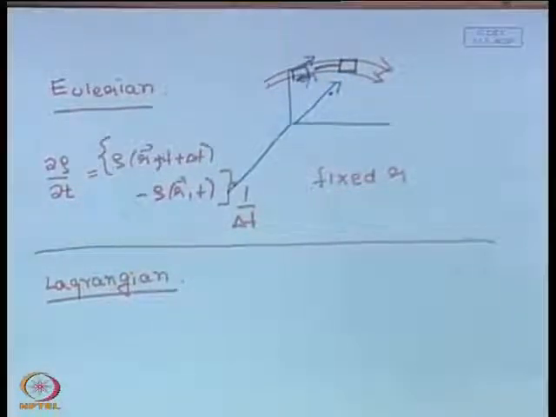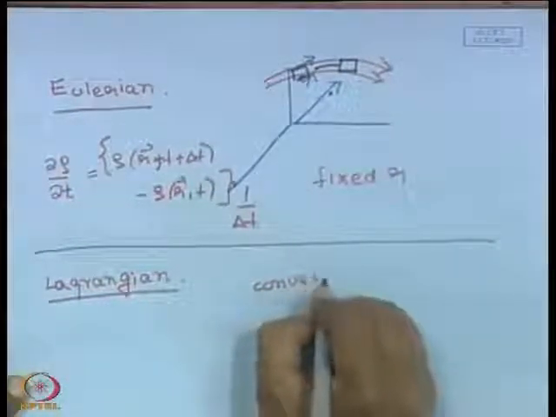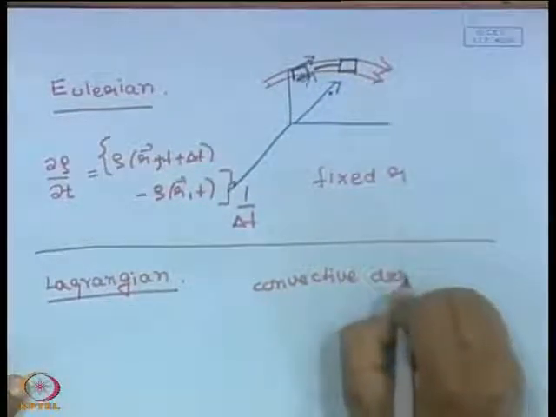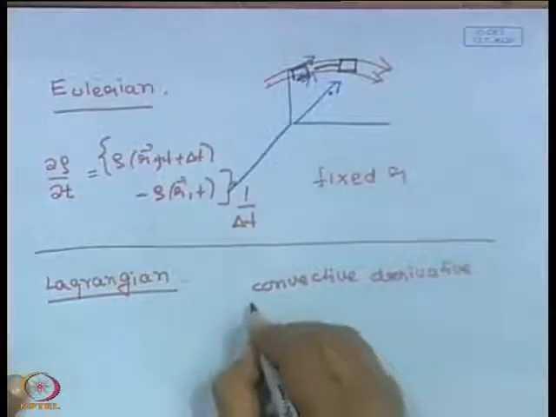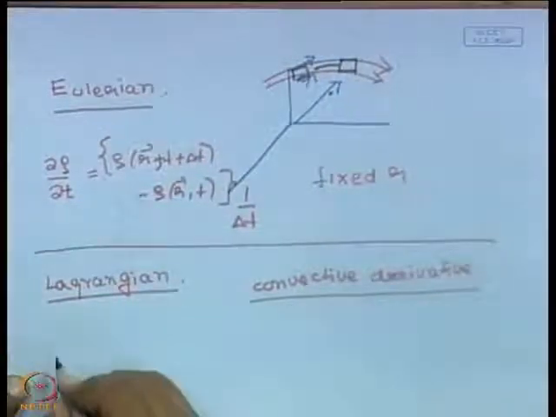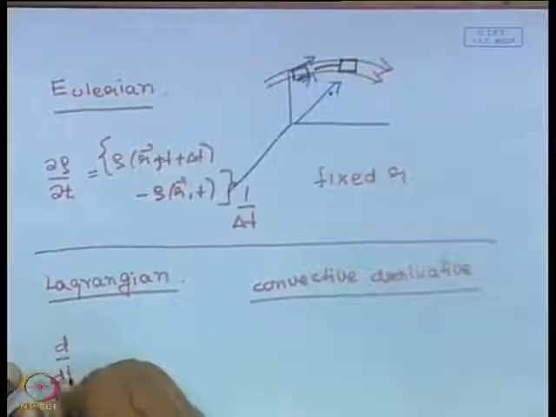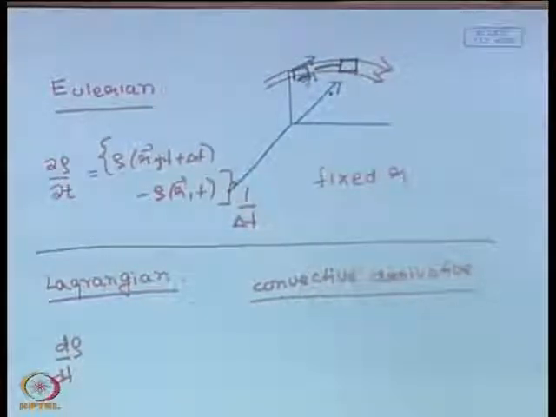And we have something called the convective derivative here. So, if I ask what is the time rate of change of density in the Lagrangian picture, I do not sit at a fixed place and look at the fluid flowing past me.